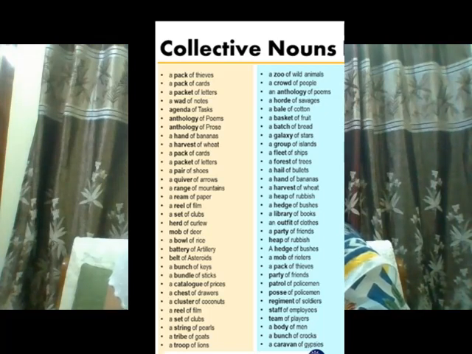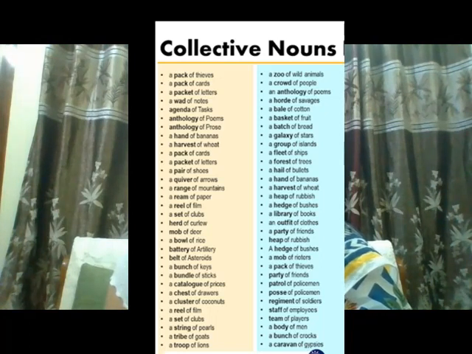A group of ships is known as a fleet. Then we have a bundle of books, or we can say a heap of books, even a pile of books. The same way we can say a bunch of keys, or a bunch of grapes. Then we have a swarm of bees. A group of bees together is known as a swarm of bees. Then we have a chain of hills.